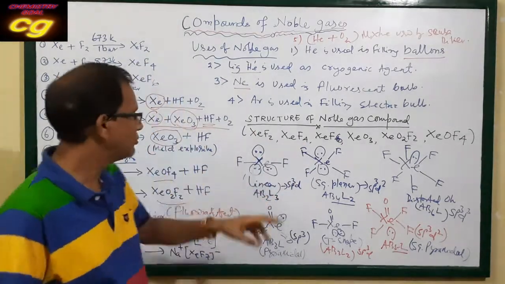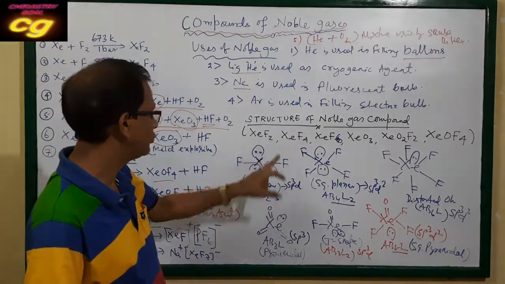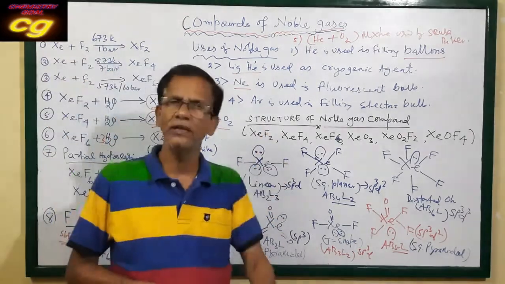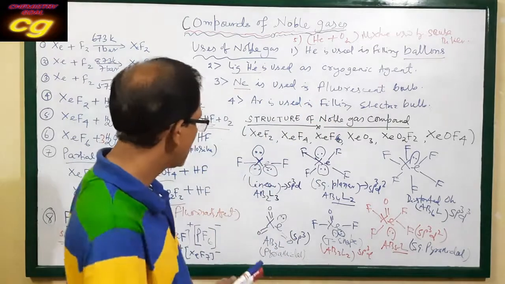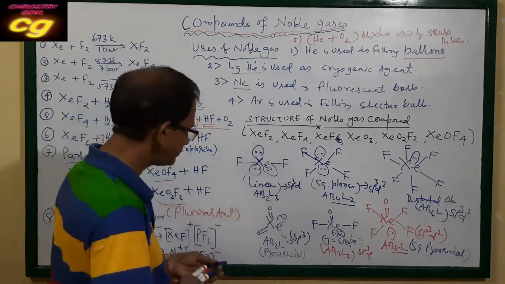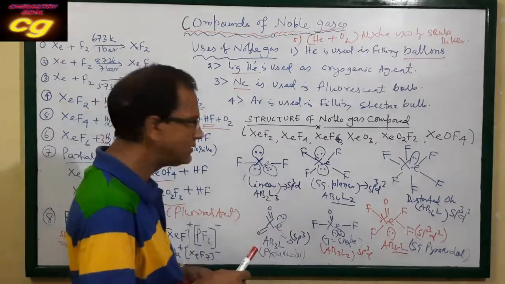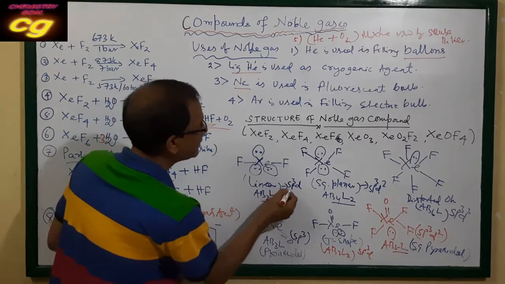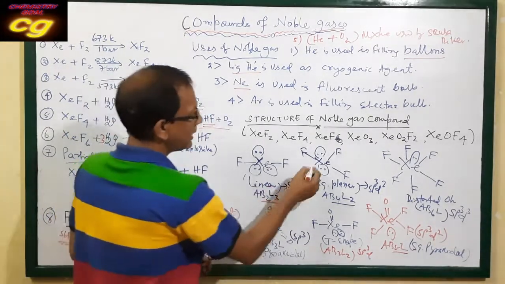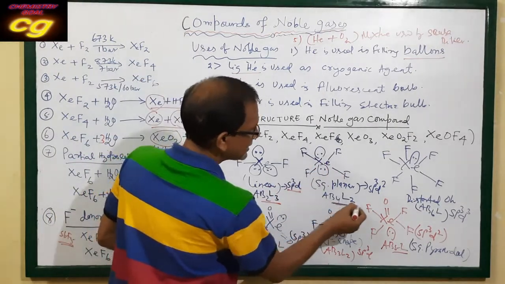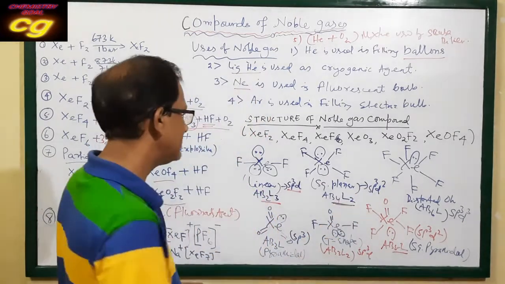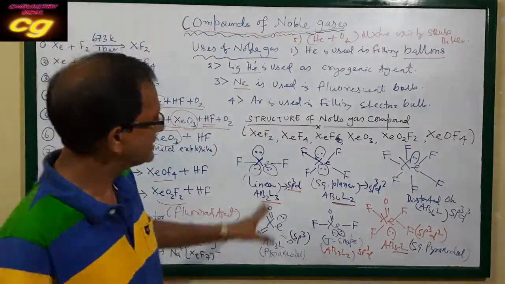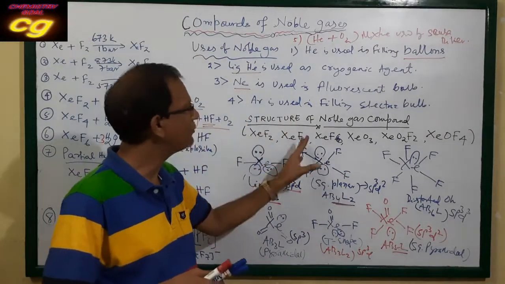For example, XeF2 is AB2L3, always linear, and AB2L3 means 5, which means sp3d. Here AB4L2 total is 6, meaning sp3d2. This concept you have already read in 11th. So this is regarding the structure of noble gas compounds.